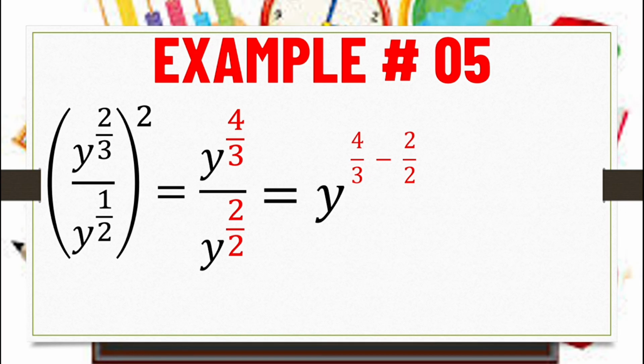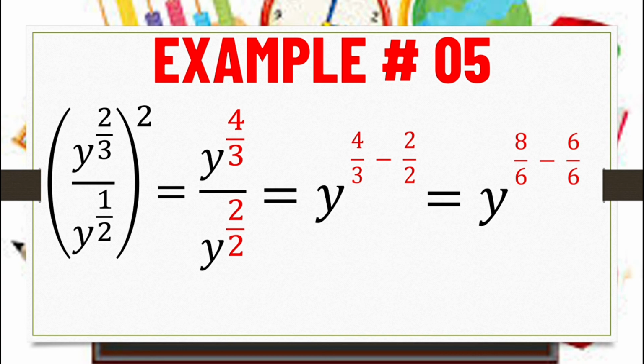And the common multiple of 3 and 2 would be 6. So we will look for the equivalent fractions of 4/3 and 2/2 with a denominator of 6. The equivalent fraction of 4/3 would be 8/6, and 2/2 has an equivalent fraction of 6 over 6.